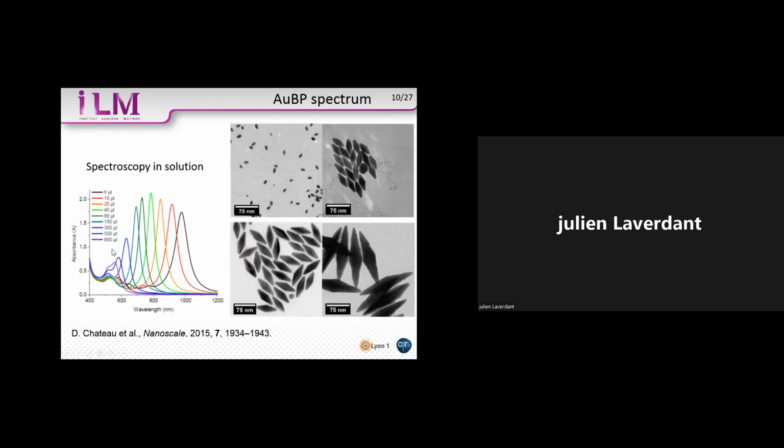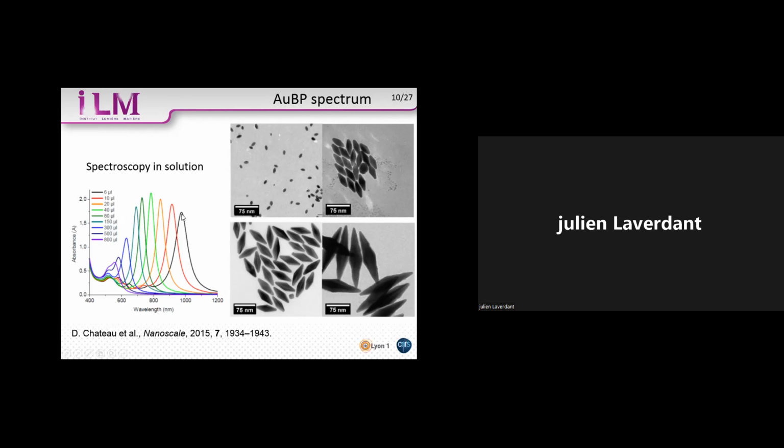What is interesting is that on the left, it's a spectroscopic analysis in solution. You have the absorption of the solution as a function of the quantity of reactant. Depending on this concentration, you can achieve bigger particles, more or less anisotropic.